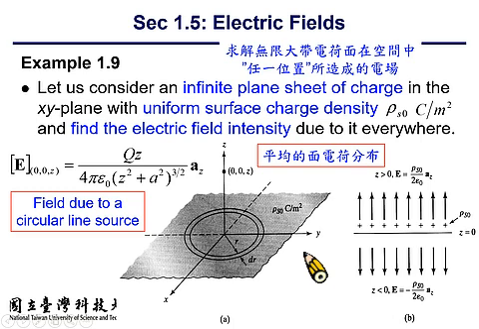So how to do the problem? Remember, our principle is divide and conquer. As long as we can divide it into smaller, simpler geometry, we can use the superposition law to find out the total field. As the figure illustrates, the trick we will use here is to divide the surface into an infinite collection of small and large circles.